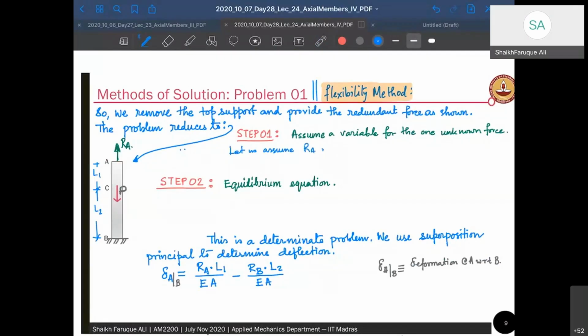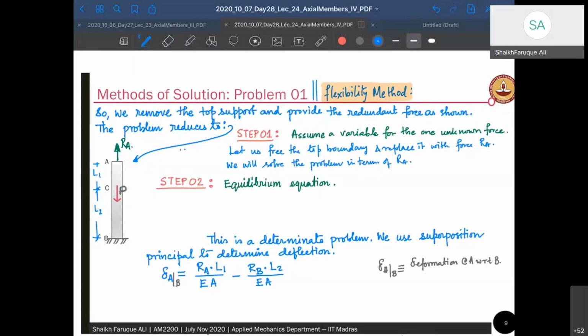Let us free the top boundary and replace it with force RA, right? Okay, we will solve in terms of RA.